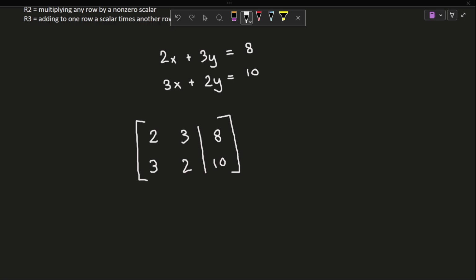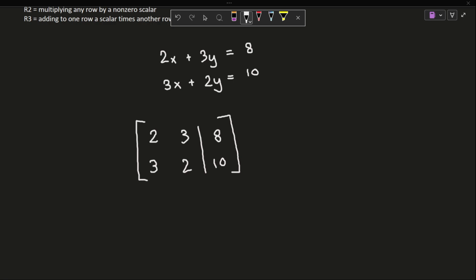And step 2 of Gaussian elimination is to use these elementary row operations that we just covered to transform the augmented matrix into row-reduced form. And that'll give us new equations that are simple to solve, right?